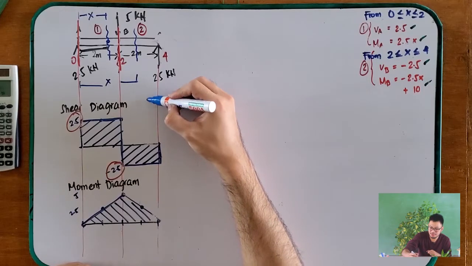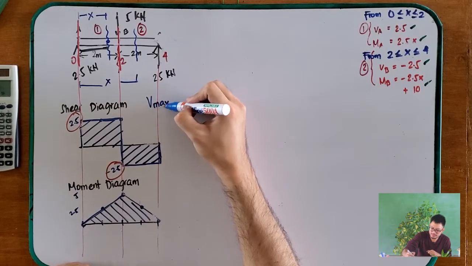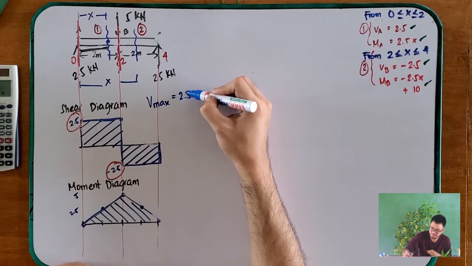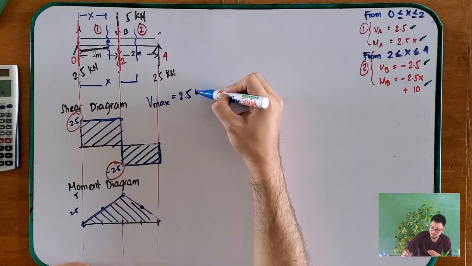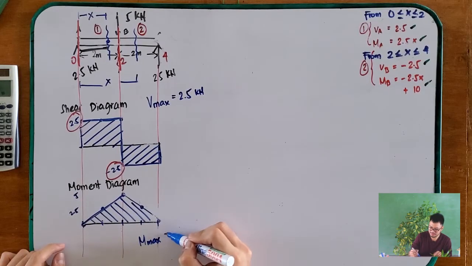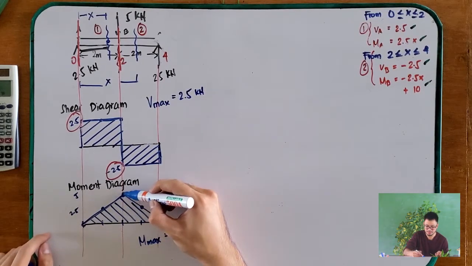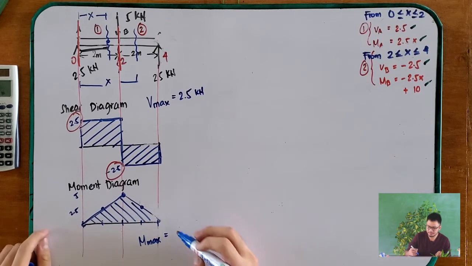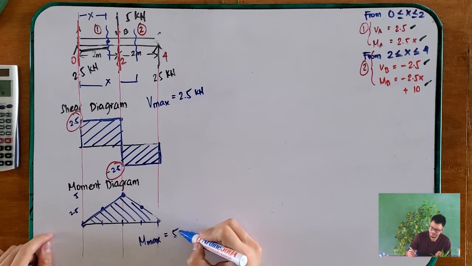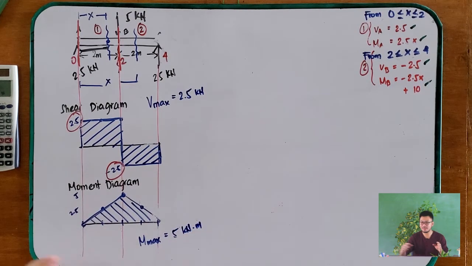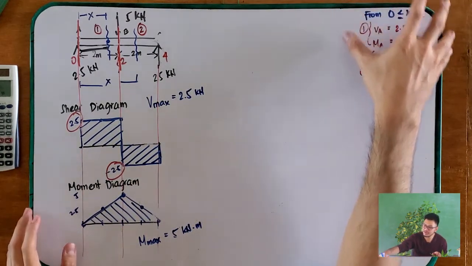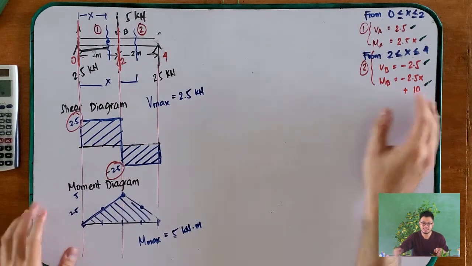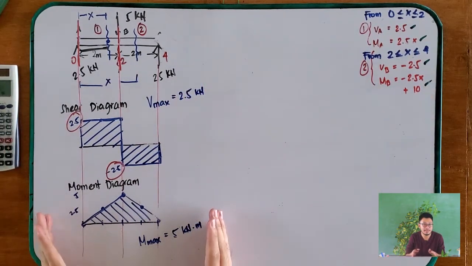Shear max is 2.5 kilonewtons. How about your moment? Maximum moment is the highest, or the lowest if there is one. Maximum moment is 5 kilonewton-meters. So these are your shear and moment equations, and these are your shear and moment diagrams.